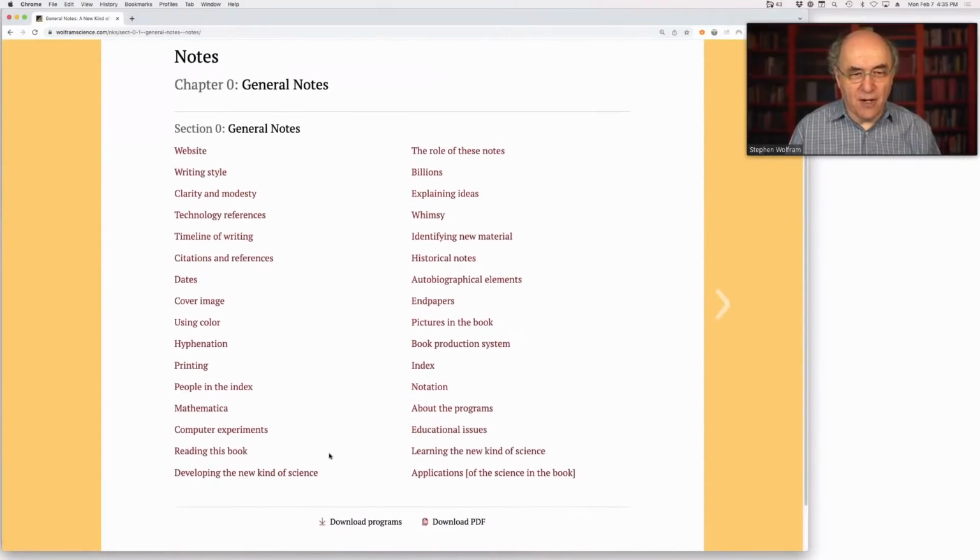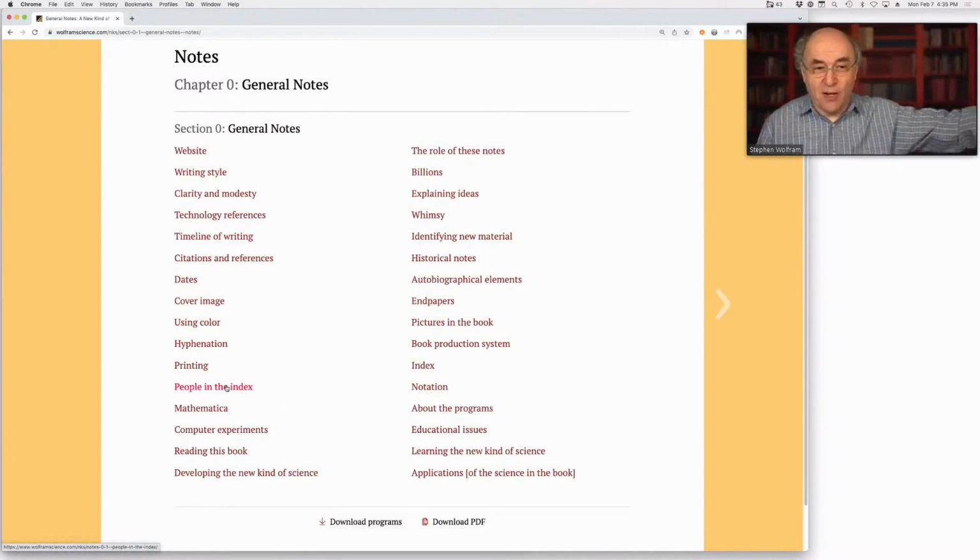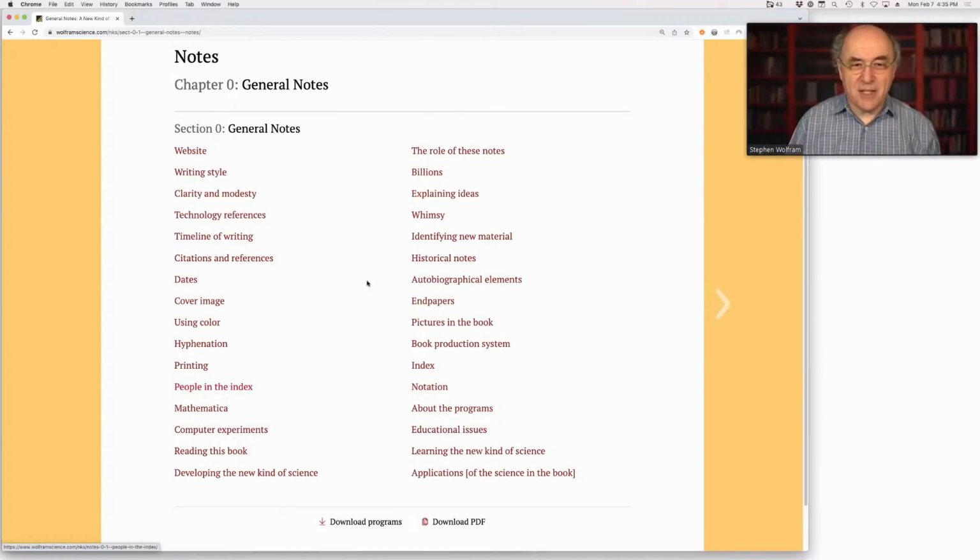Well, there are lots of funky things that are very nerdy in the notes for the preface. I think by the time one has notes for a preface, one knows one's going nerdy. I talk about the historical notes, which I really put a lot of trouble into.